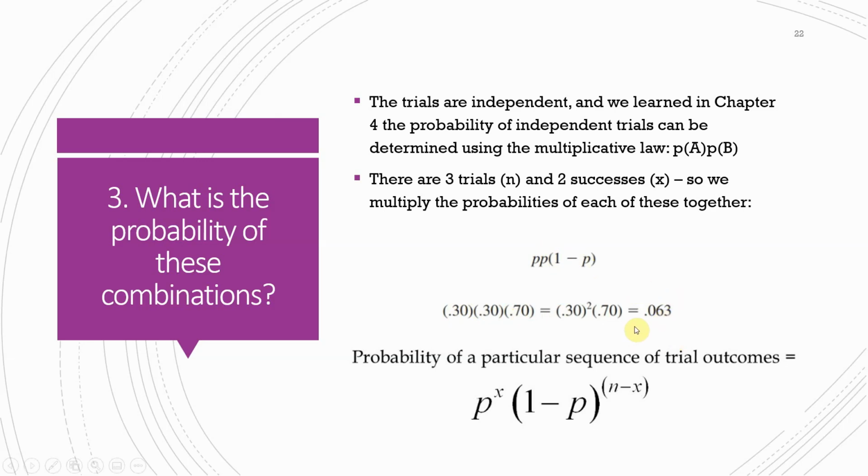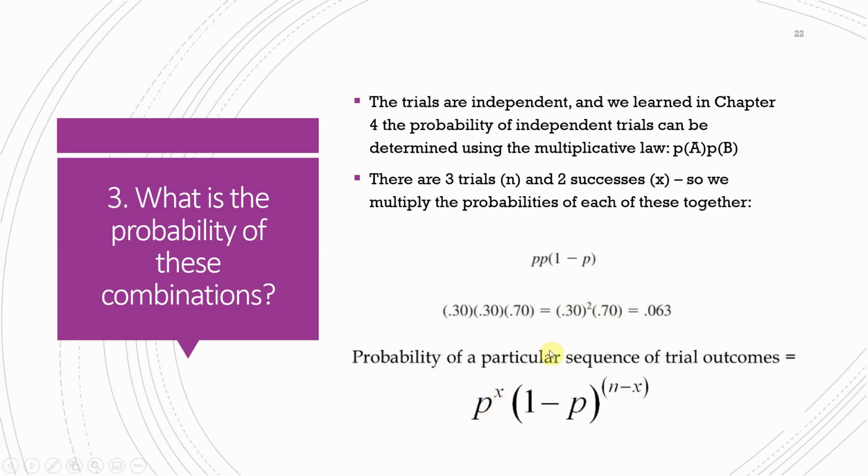There's actually a shortcut, an equation for that. The probability of a particular sequence of trials is equal to P raised to X. Here's this equation written out. We're interested in 2 successes. The probability of success is 0.3.